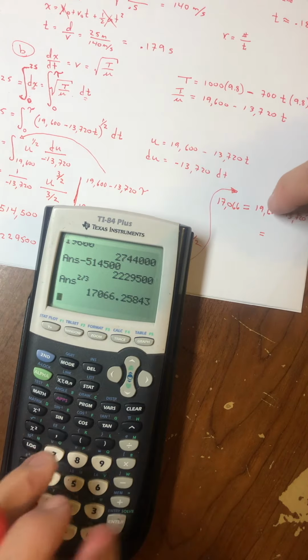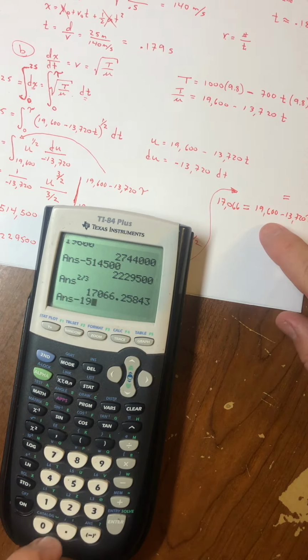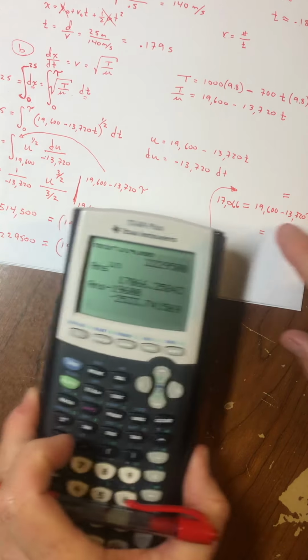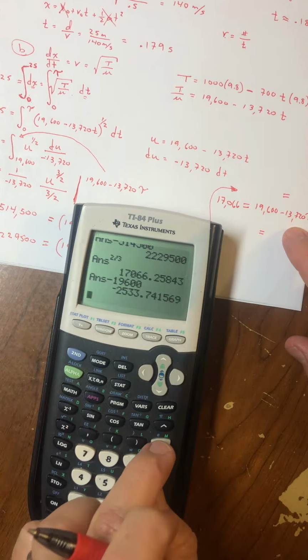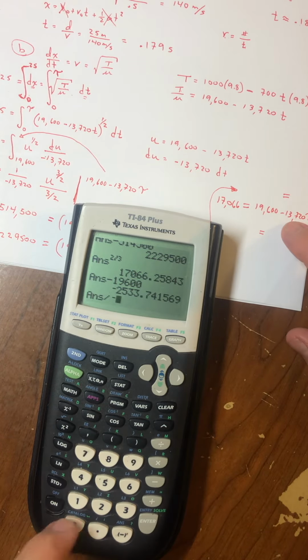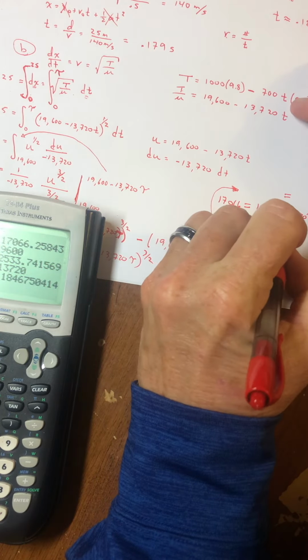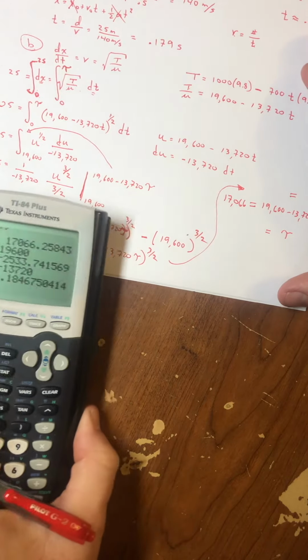And so now let me subtract 19,600 and then divide by that negative 13,720, I finally get total time. So there's quite a bit of math here.